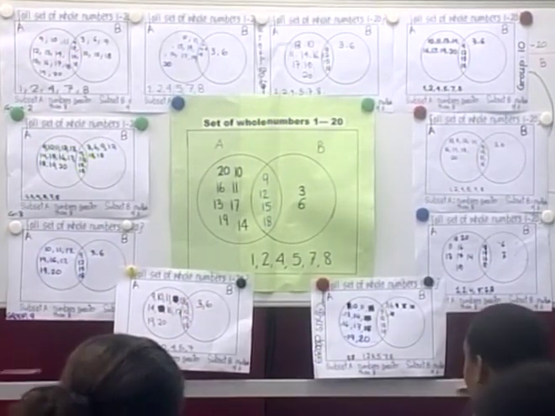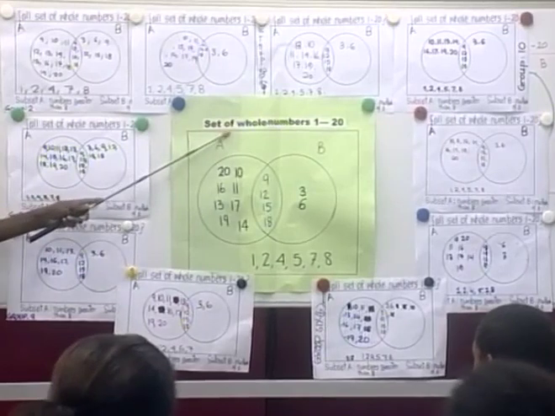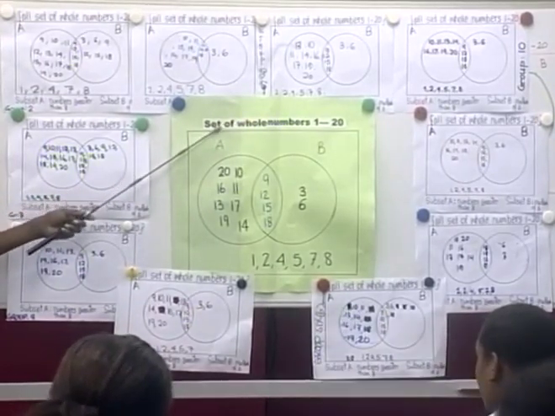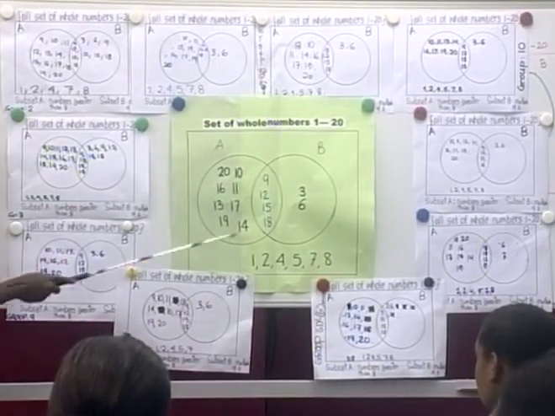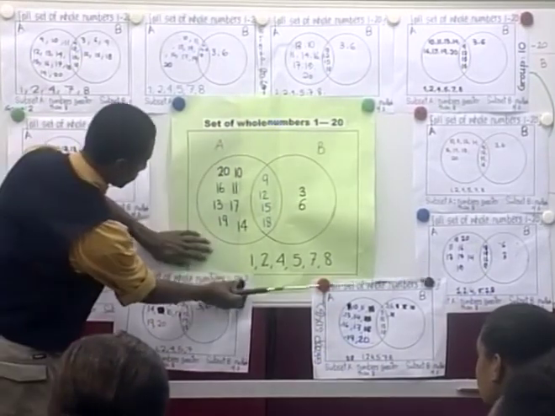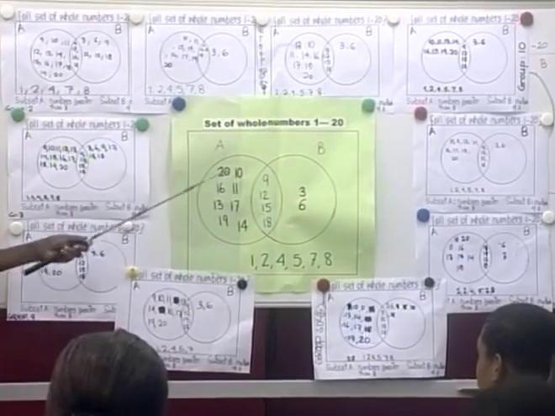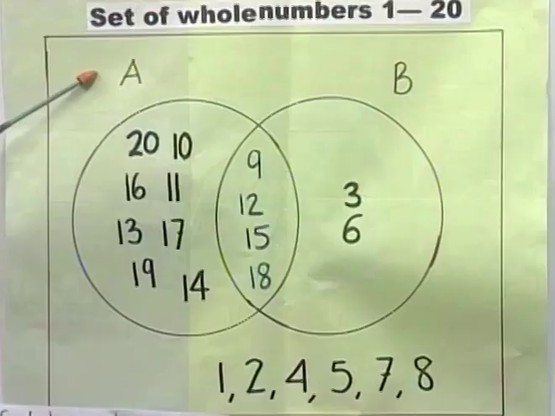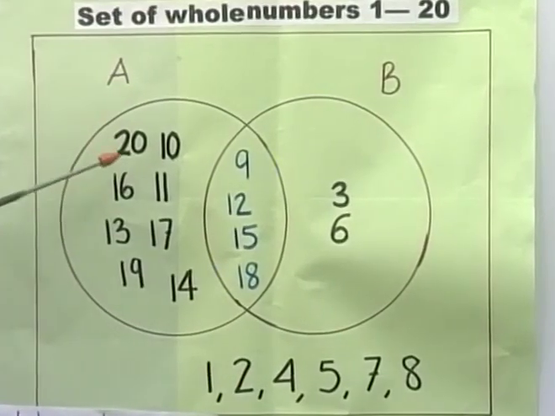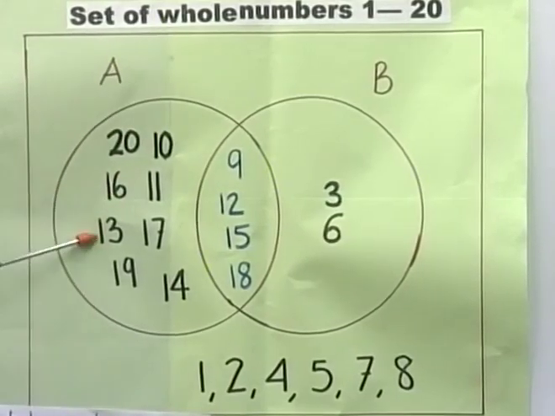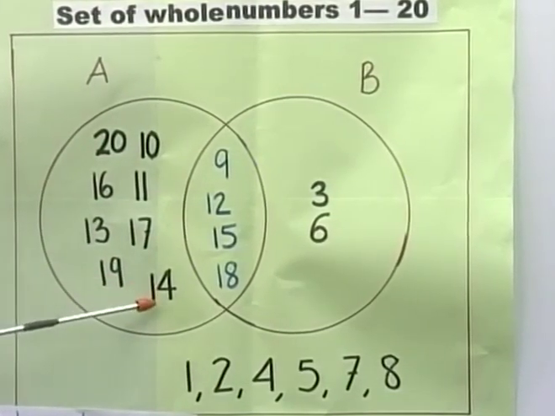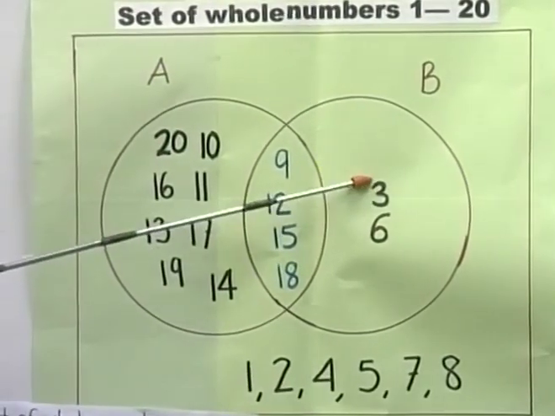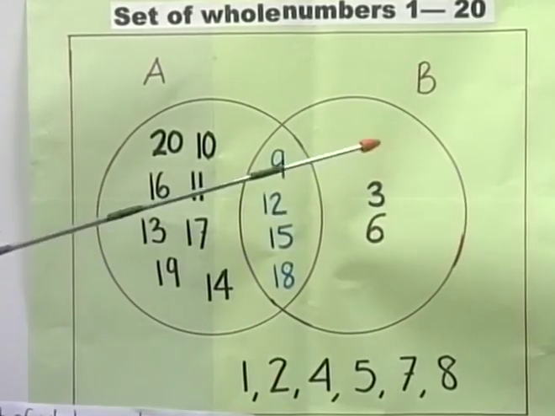Receiving students and ATs, you should have the answer. Please compare your answers and make corrections if you have made mistakes. Subset A, numbers greater than 8: 20, 10, 16, 11, 13, 17, 19, and 14. Subset B, multiples of 3: 6 and 3.